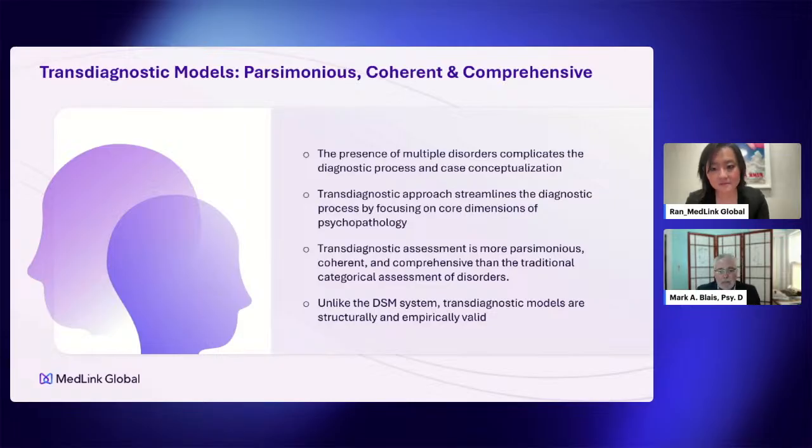The transdiagnostic approach is more streamlined because it focuses on core dimensions of psychopathology in a way that's intuitively understood. That makes the transdiagnostic assessment more parsimonious, coherent, and comprehensive because it's going to cover the 3 broad dimensions of psychopathology. And that's easier to apply than a categorical assessment that goes disorder by disorder.